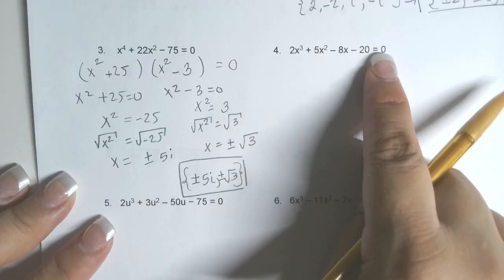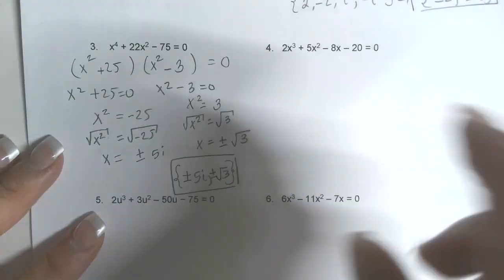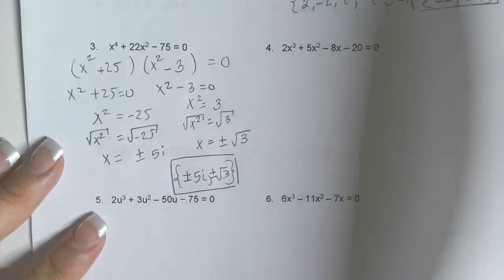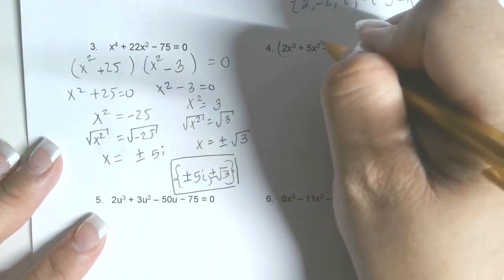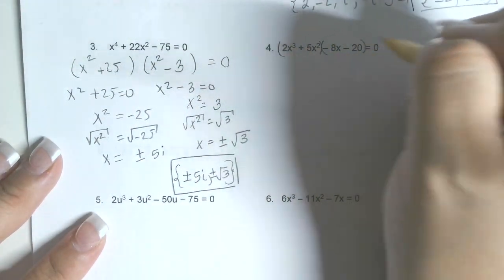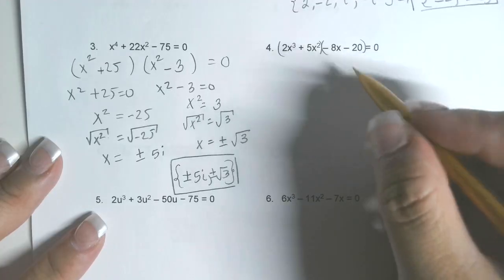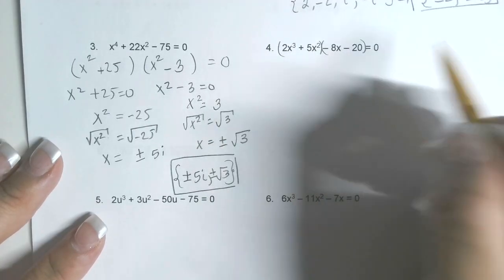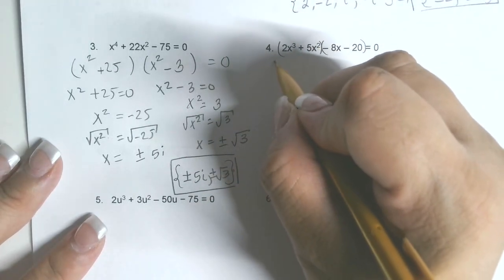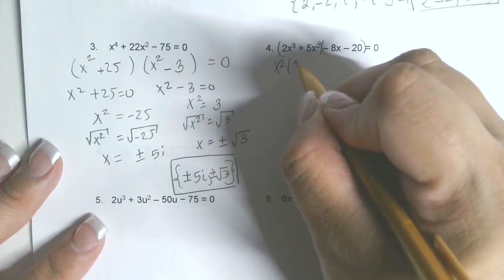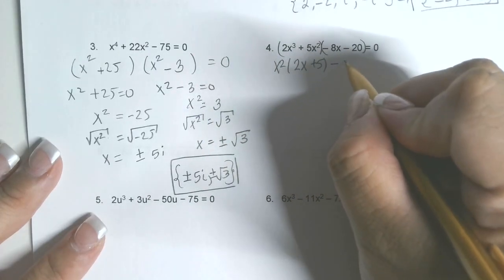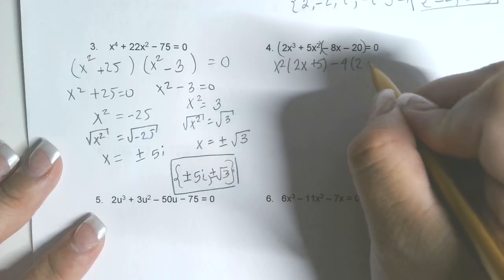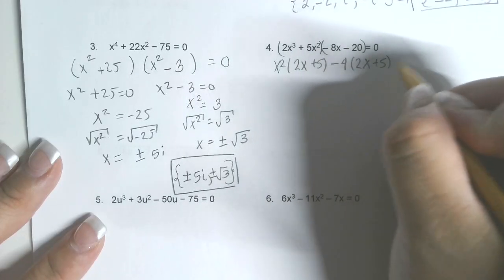For this next one, you have 4 terms. So this is going to be factor by grouping. Factor by grouping, you're taking out the GCF. So this is something you already know how to do. So in this case, it's going to be x squared times 2x plus 5, and then minus 4 times 2x plus 5 equals 0.